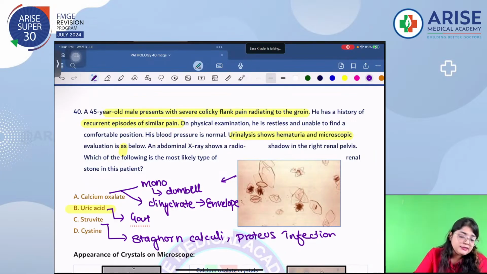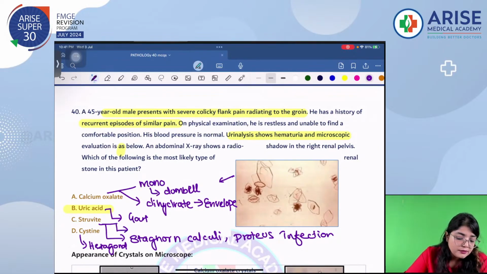And cystine, guys, cystine is hexagonal in shape. Okay. Struvite is what shape? Can anybody tell me the shape of the crystal? Yes, alkaline urine. Very good. What is the shape of struvite?